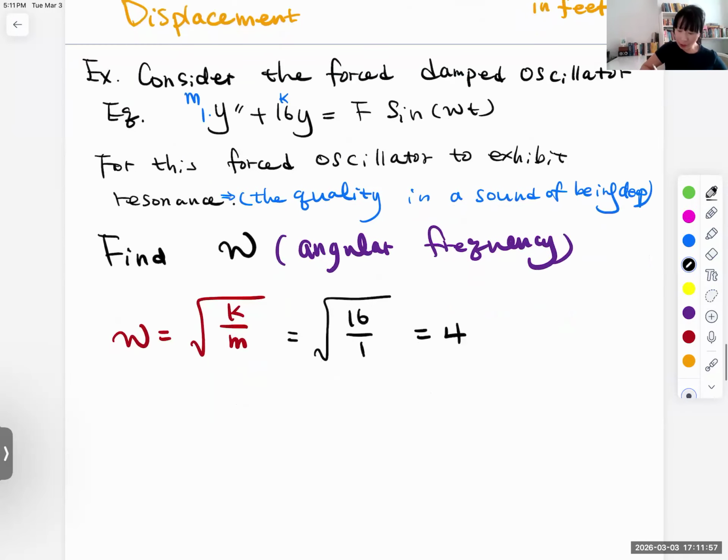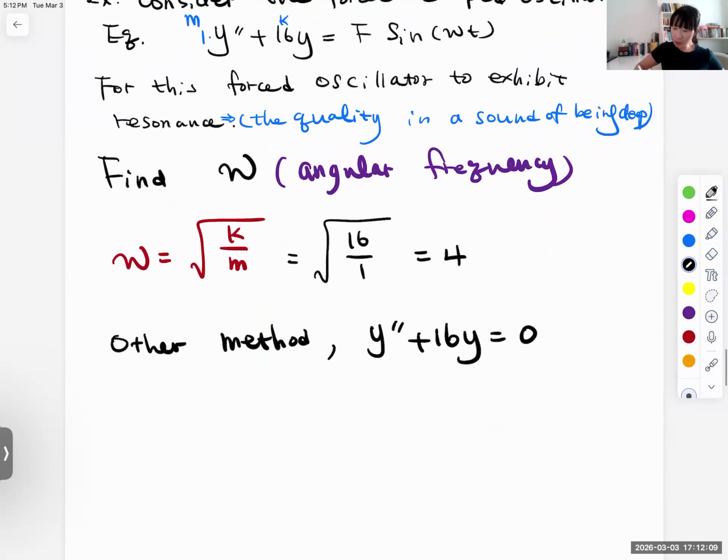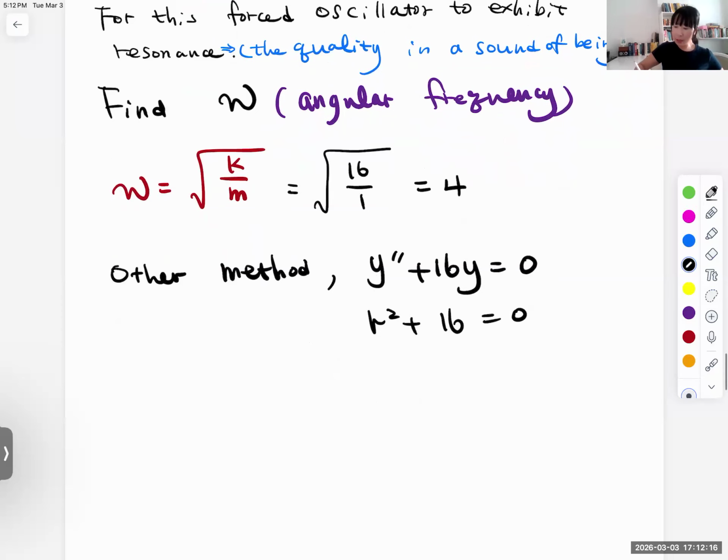Or we can use another method, right? If we have y double prime plus 16y equal to 0, then we can express it as r squared plus 16 equal to 0, right? Then we can find r equal to plus or minus 4i.